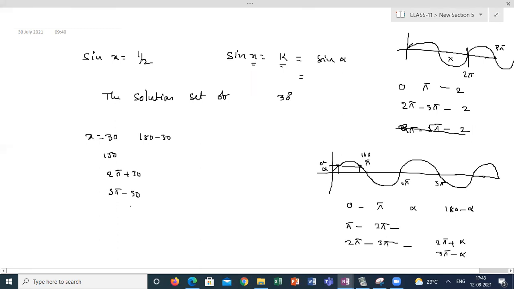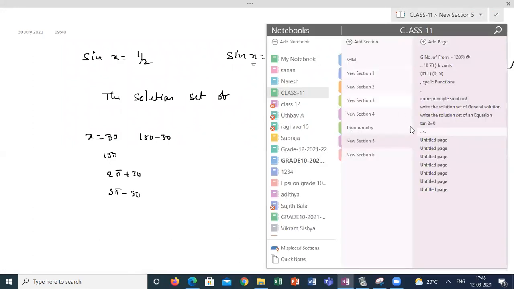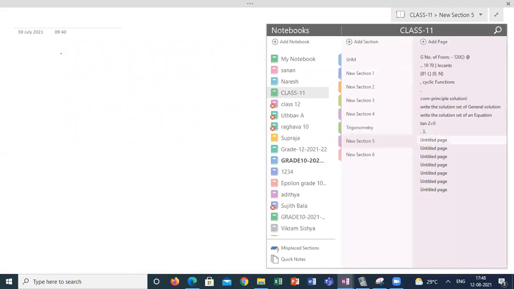Understand? Got it? So how can I write this solution? I am writing the solution of sin x is equal to k, and this k I am writing as sin alpha. So alpha, the k is either a negative value or a positive value, based on that how I am taking. How can I write the solution set of sin x here?